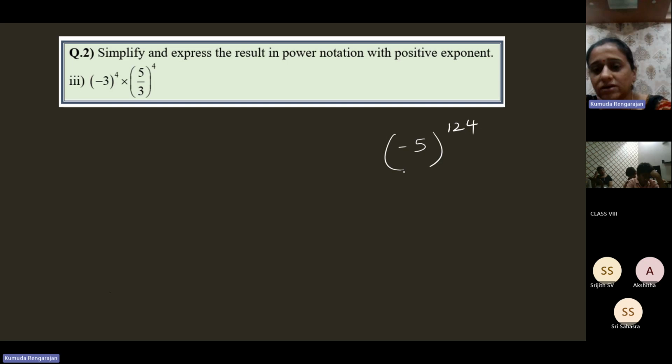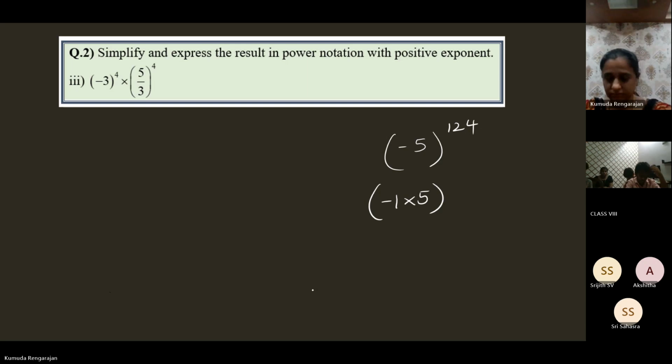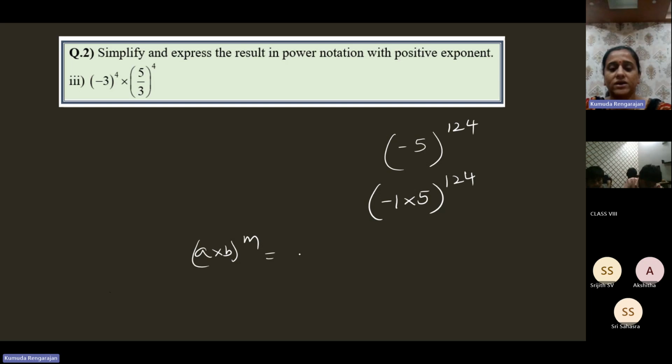So now see here, minus 5 can be written as minus 1 into 5. Yes or no? Yes, ma'am. And the power is 124. Now we know that a into b, the whole power m, is a to the power m into b to the power m.